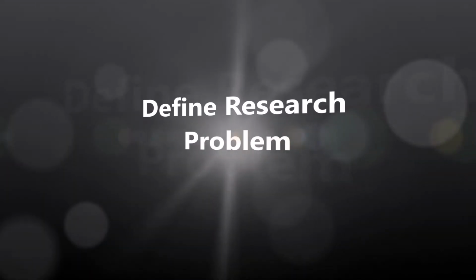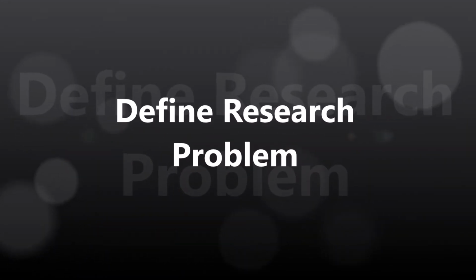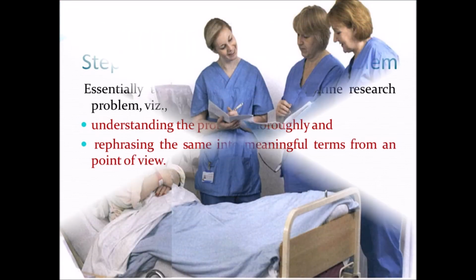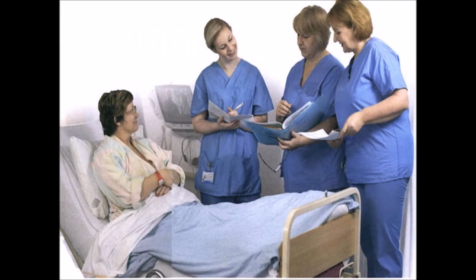First, define research problem. Essentially, two steps are involved in defining the research problem. Those are understanding the problem thoroughly and rephrasing the same into meaningful terms from an analytical point of view. Suppose you have a question or problem, say for example, a communication problem between you and the patient. First, you need to analyze the problem, that is, what is the actual problem.